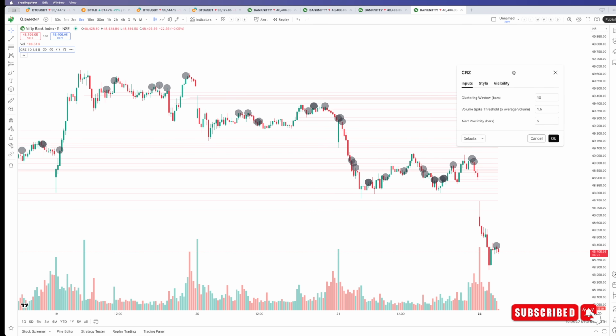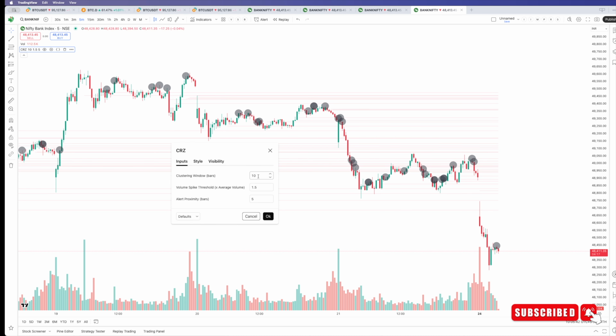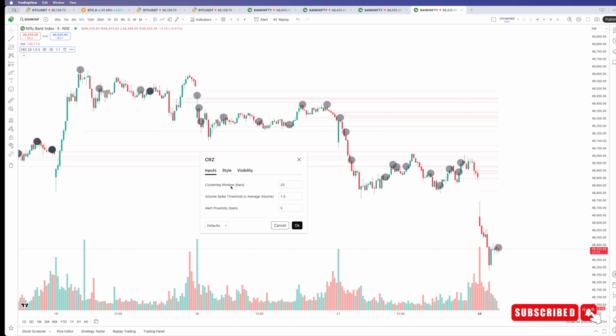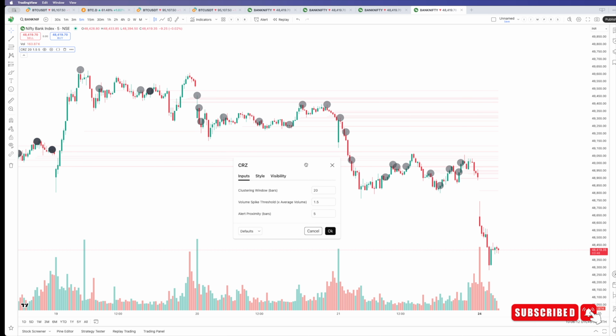You can modify the settings as per your trading style. Right now it is a 5-minute chart, 10 and 1.5. You can do 20, and it takes a while to update. Right now, as you can see, it is trying to calculate. When you increase the window, you may get fewer signals, but they will be more filtered ones.